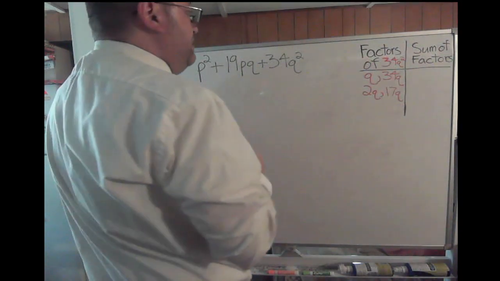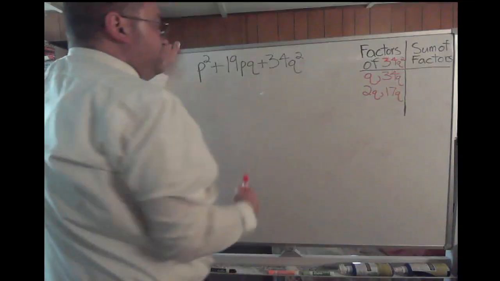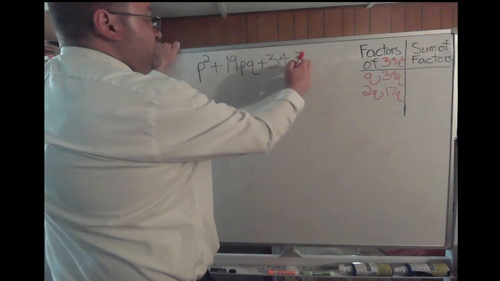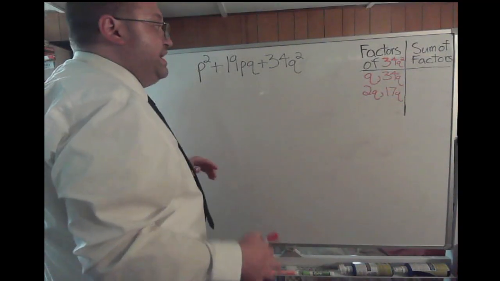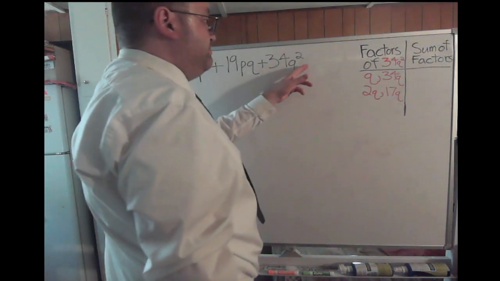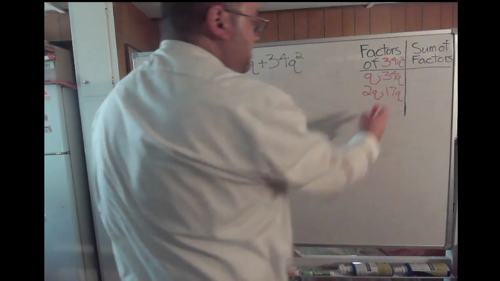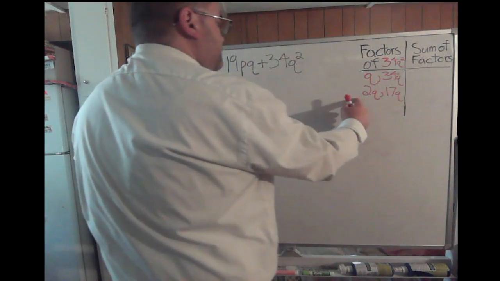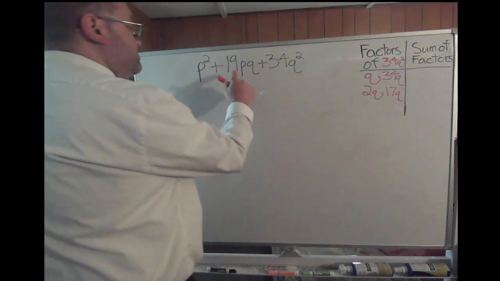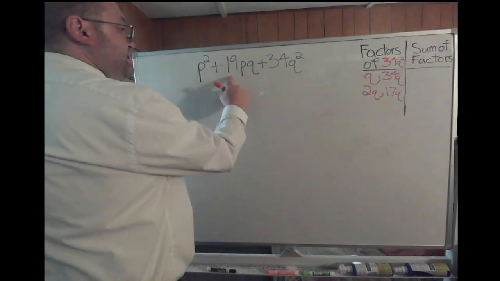So basically, whenever you have a second variable, you take the square root of the Q squared, which would be Q, you put that on each of your factors. Now, which of these factors, when added together, gives you the middle constant of 19?